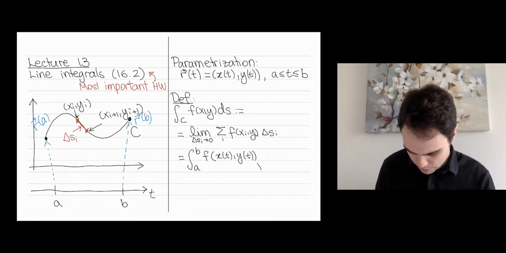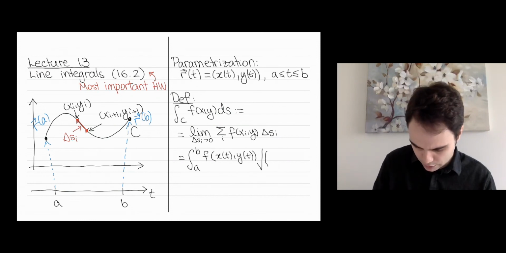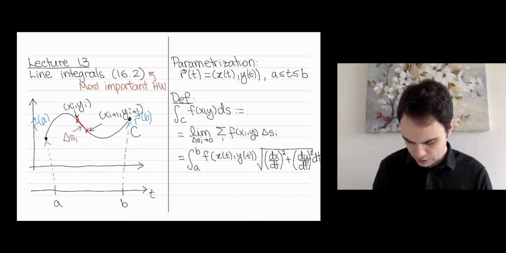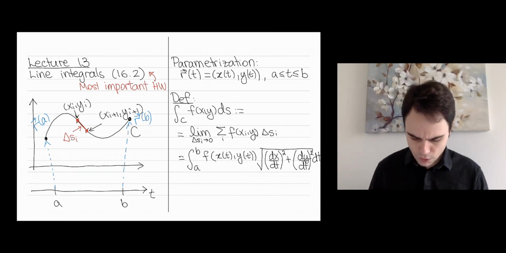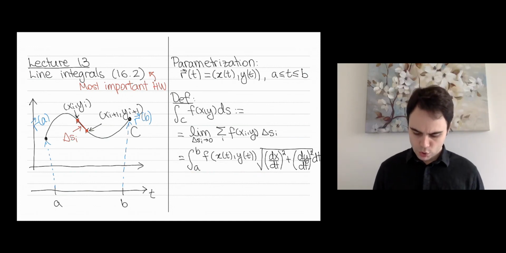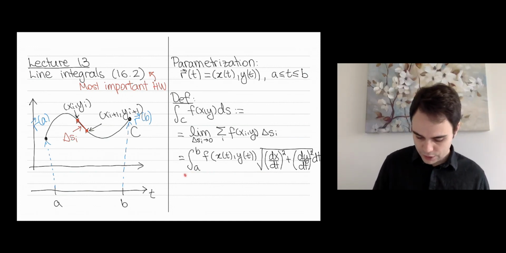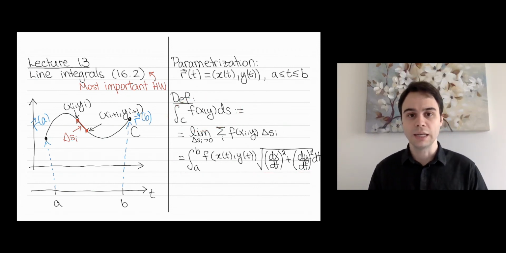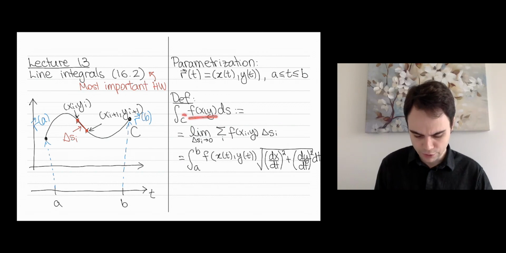What I'm going to do is multiply by a special square root that we saw last time, and then times dt. This formula over here is the formula that we're going to use all the time to compute the integral of this function f over the curve c.